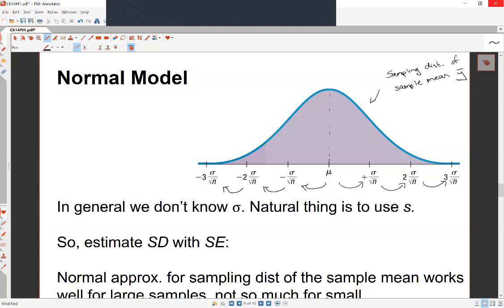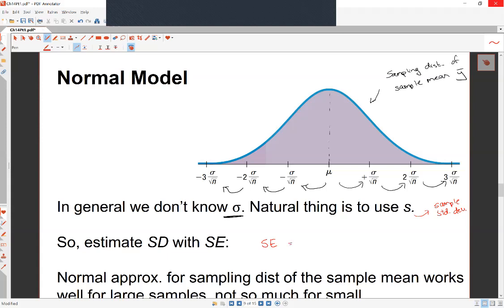Now, we will say that in general, this quantity sigma is not known. Sigma is the population standard deviation. But what we can calculate is S, our sample standard deviation. And if you're able to calculate that, then instead of calculating standard deviation, you can calculate standard error.